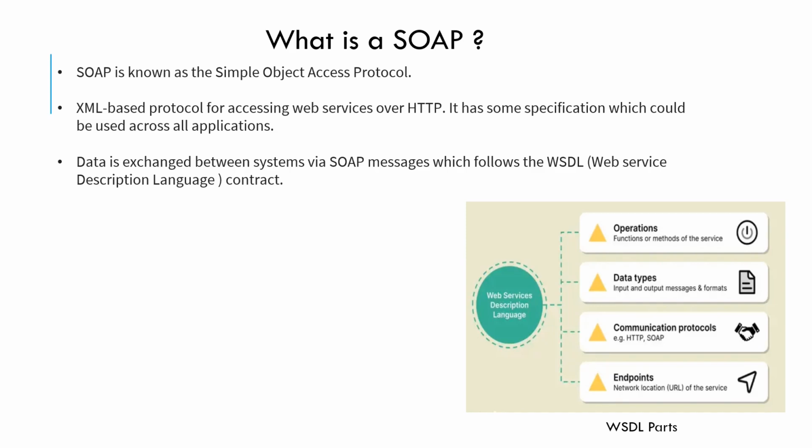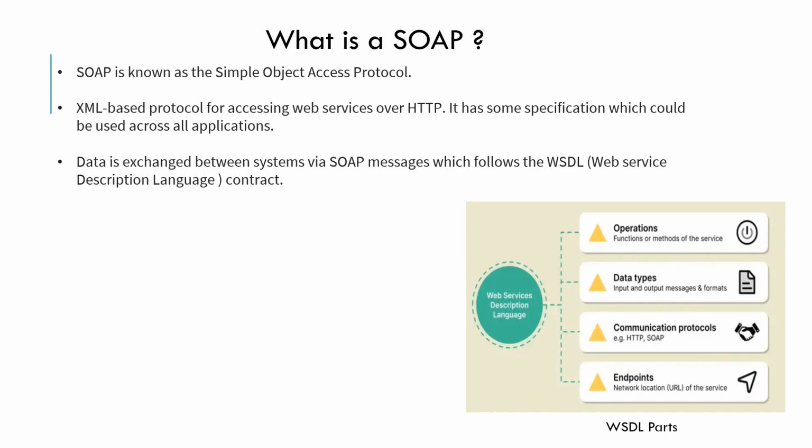Then for every operation, you must define the input and output, so there are types we define for that. And then what protocol you have to use? Suppose you want to use HTTP or UDP or whatever protocol, you can define it in the WSDL as well. And then the endpoints, by which your client or any application which wants to access your service can use, right?